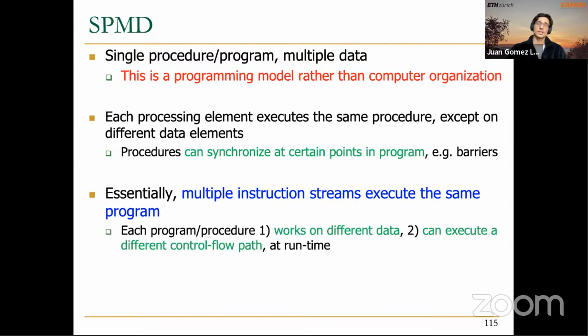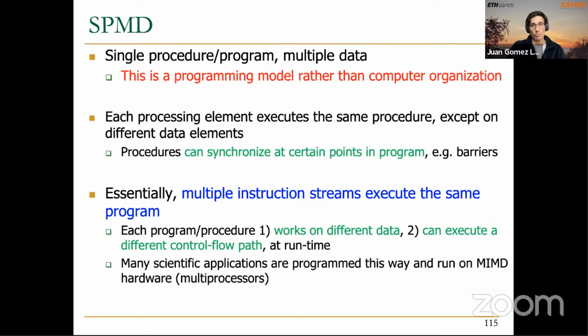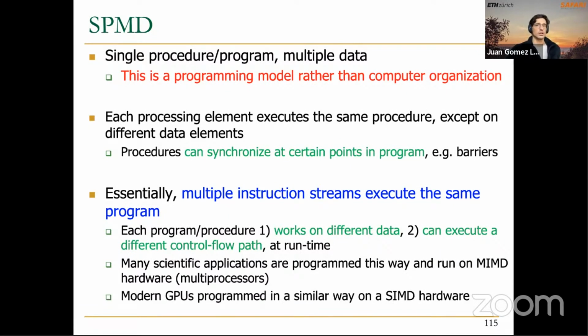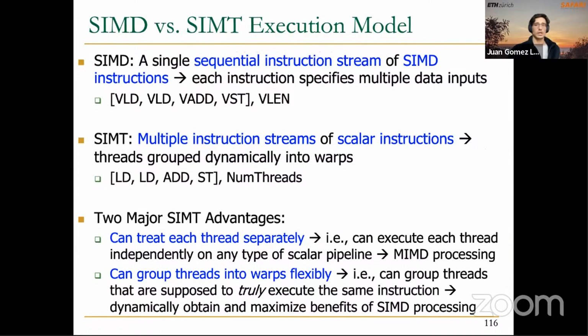All these threads execute the same instruction stream, but work on different data, and they may also have different control flow paths. There is no problem. The hardware will be able to handle this divergence of execution if they follow different control flow paths. So I guess that must be clear so far.